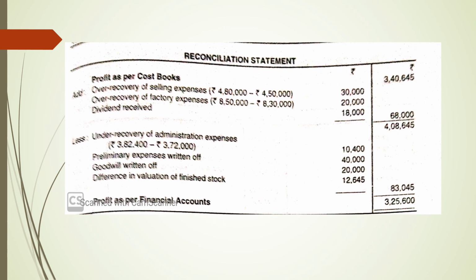As these three elements are added to the profit, and these four items deducted from this cost profit, we get the profit of 3,25,600, which is the same as mentioned in the financial book. Is it clear?